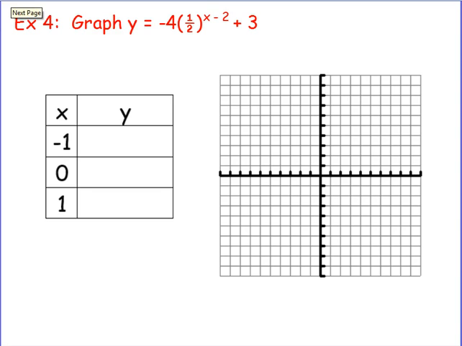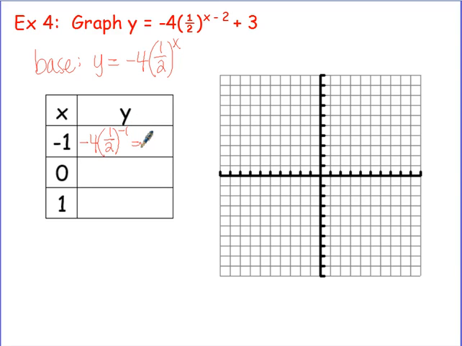So again, let's start with our base equation. And that should be y equals -4 parentheses 1/2 parentheses to the power of x. So in your calculator, -4 parentheses 1 divided by 2 close parentheses exponent -1.